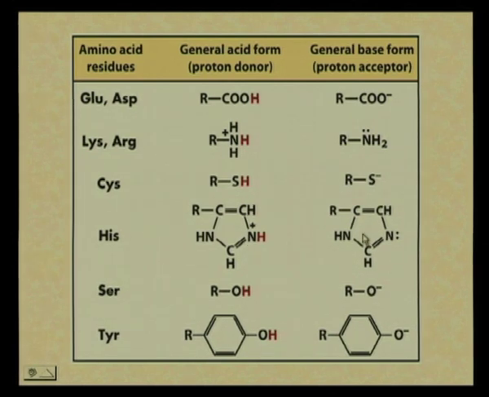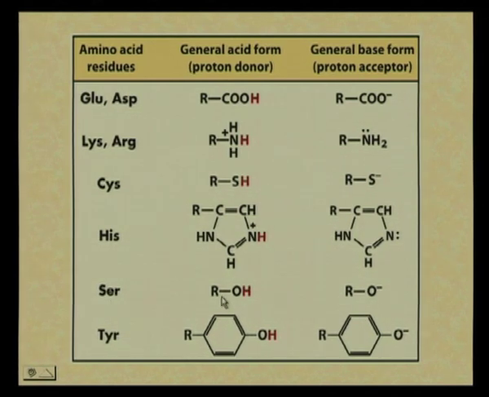Okay? Why? Because this pKa is around 6. So, what do we have here? At some point, therefore, histidine can act as a proton acceptor and it can also act as a proton donor, and this equilibrium is at a pH close to 6.